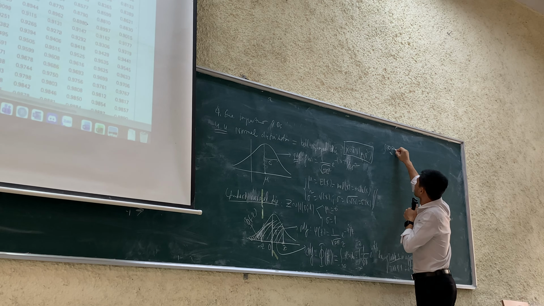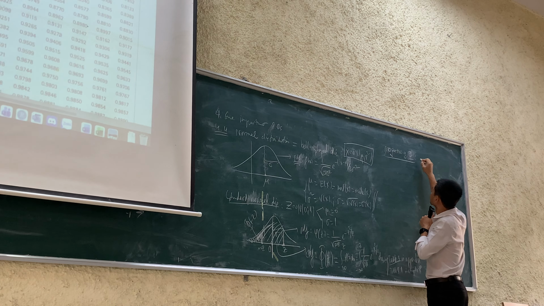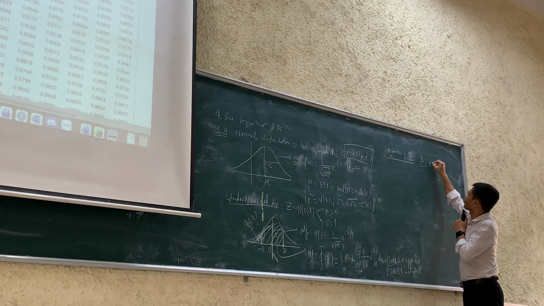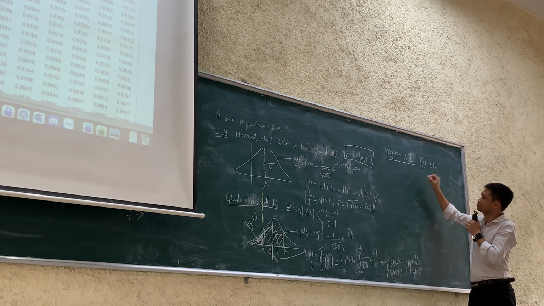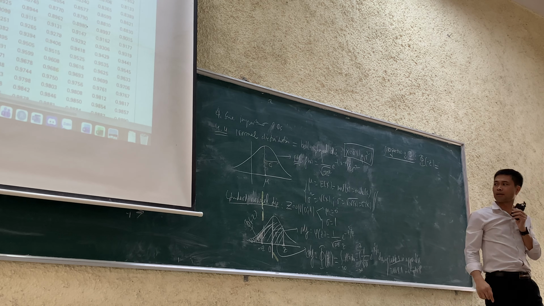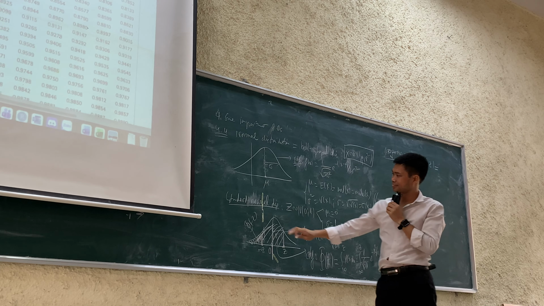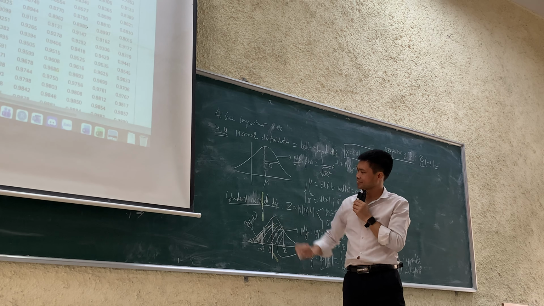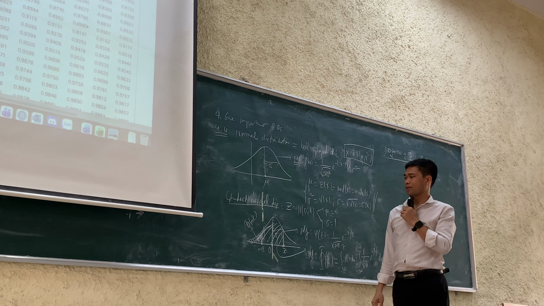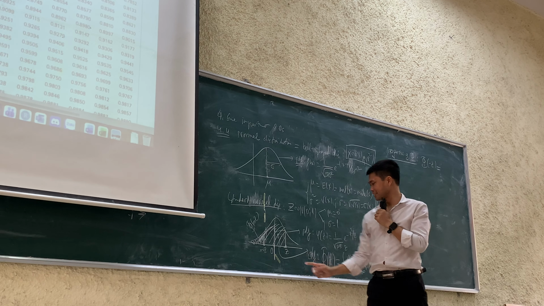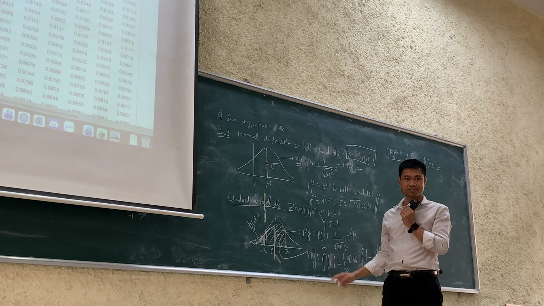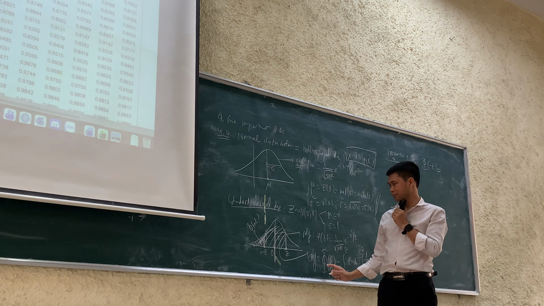Property of the function phi: from the graphic, how to find phi minus z? What relationship between phi minus z and phi z? It is 1 minus phi z. Why?